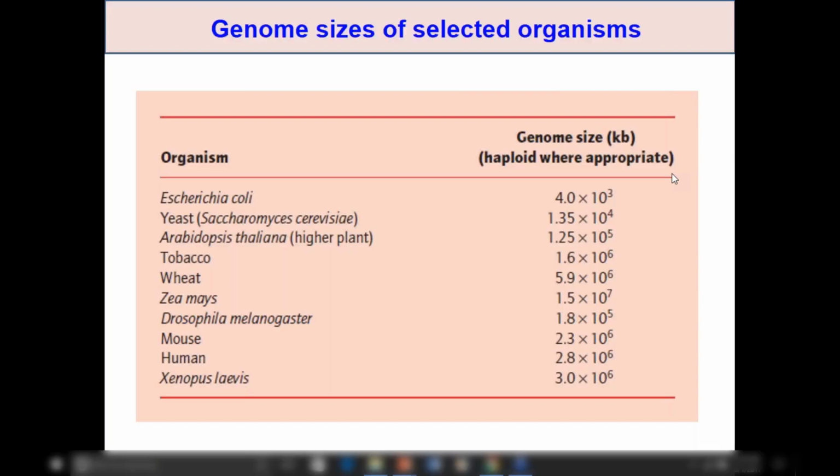Next, a little bit more complicated version we are going to see. That is the genome size of a selected organism. So E. coli, the size of the genome is 4 into 10 to the power 3 kb. You can see the different sizes.